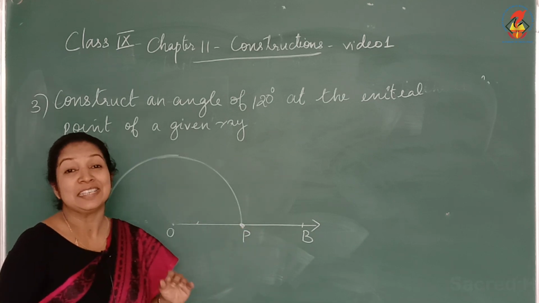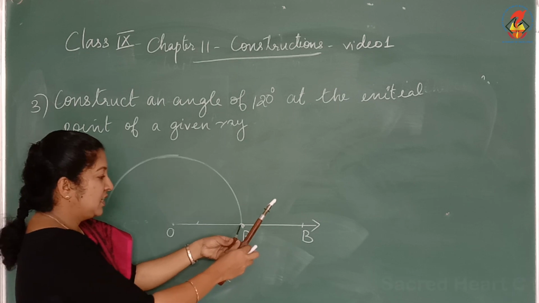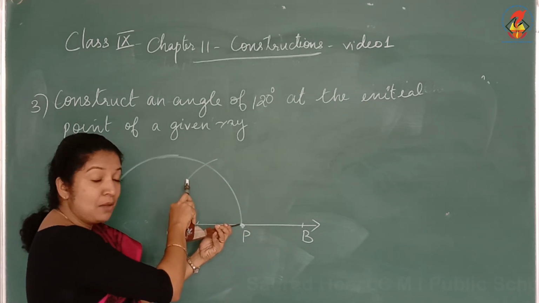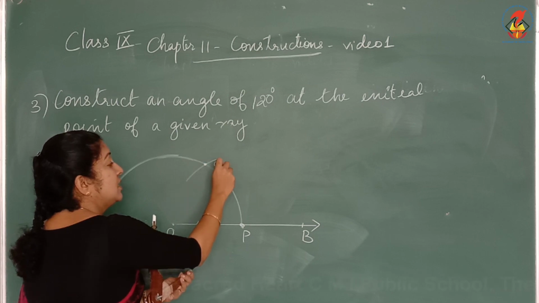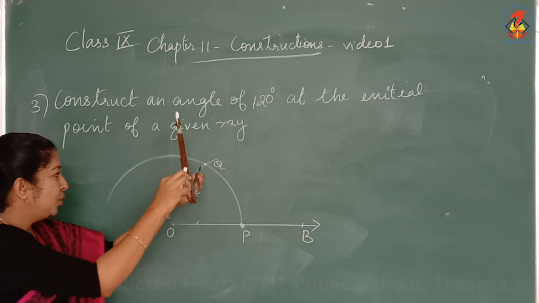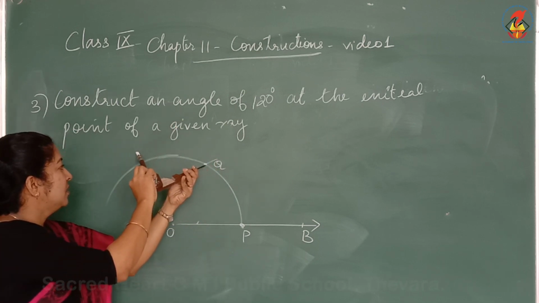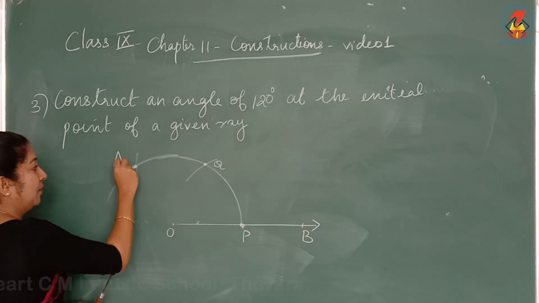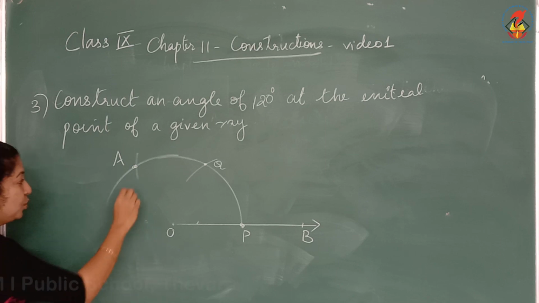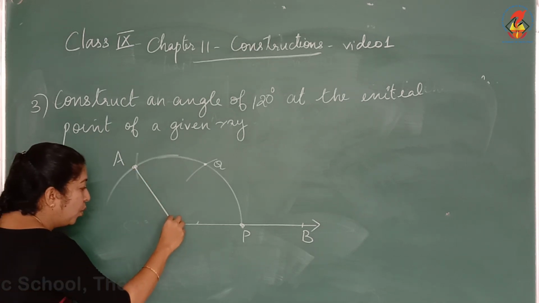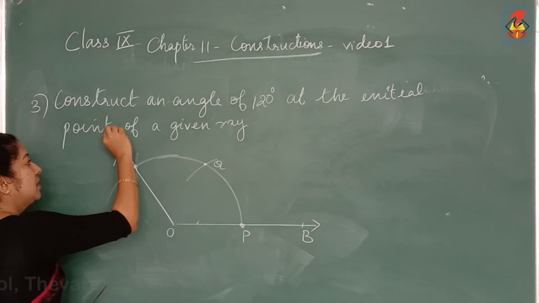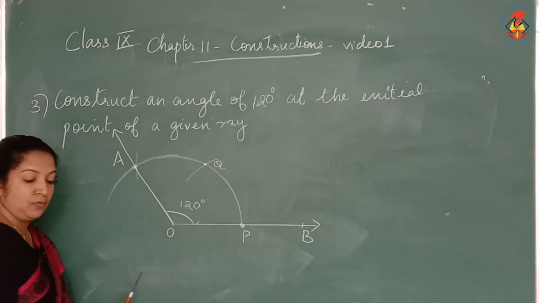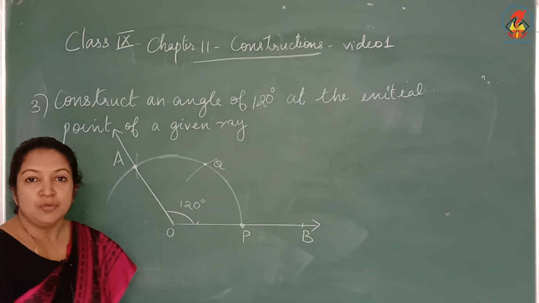Take P as the center, draw an arc with the same radius and mark this as Q. From Q with the same radius, make a cut on this, that is A. Then join AO. This is the required angle. This is 120 degree. So this is the construction of 120 degree.